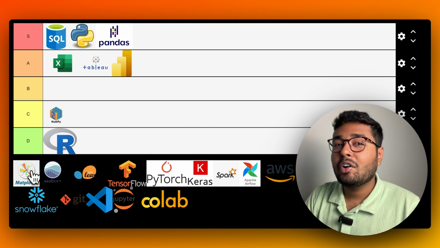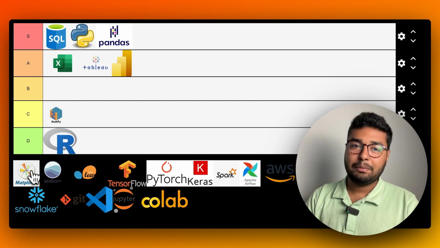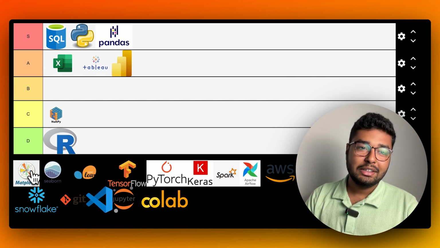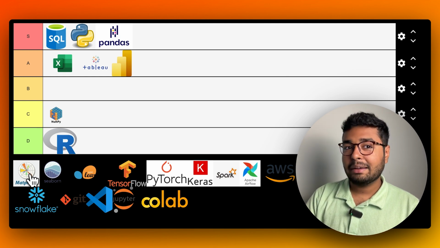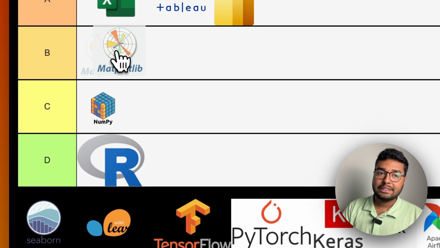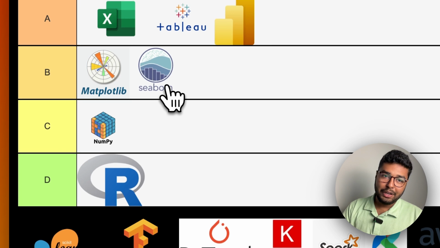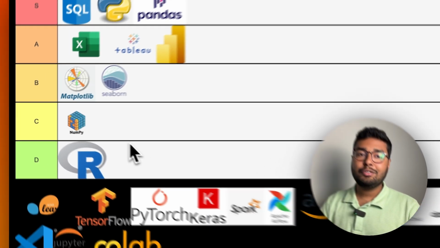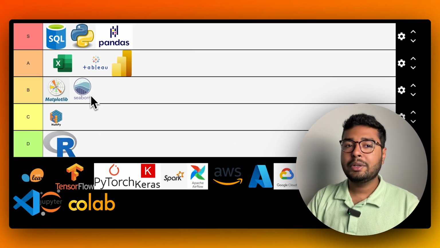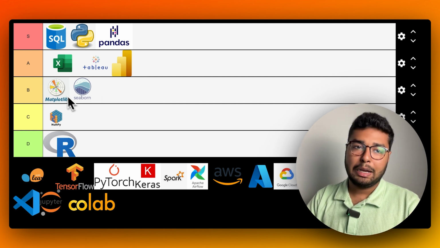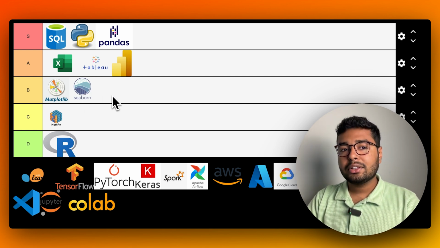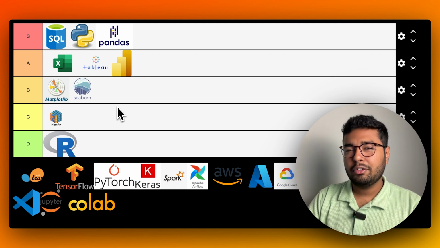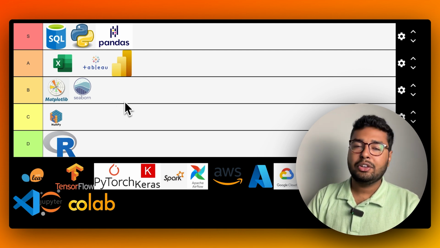You already have an alternative for this. You can use Tableau and Power BI to do the data viz. This is not highly necessary since you already have that skill. I'm going to rank this in B tier. Also Seaborn in B tier. If you want ease of use, easier syntax, go with Seaborn. If you want versatility, you will go with Matplotlib. I would say learn both Matplotlib and Seaborn, the basics of it, and you can use both during your analysis.